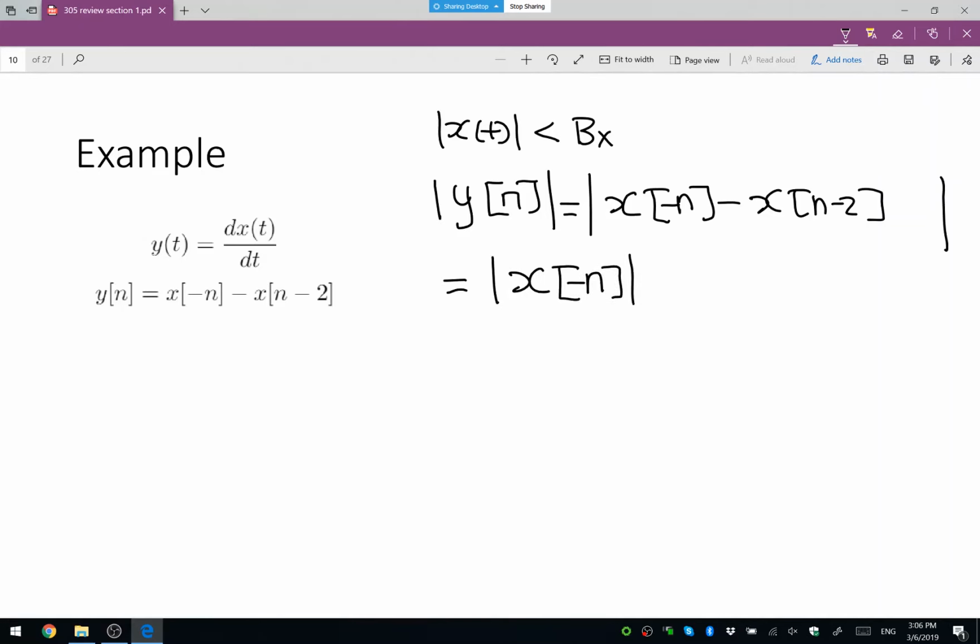So this is not equal to, it is, by what is called the triangle inequality. I forgot the name of that, but the triangle property. This one has to be smaller than or equal to the sum of the absolute values.